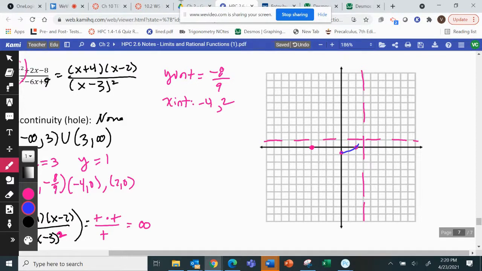So this graph is going to have to pass through the horizontal asymptote in order to do that. And then on this side, it's got to be positive as well.